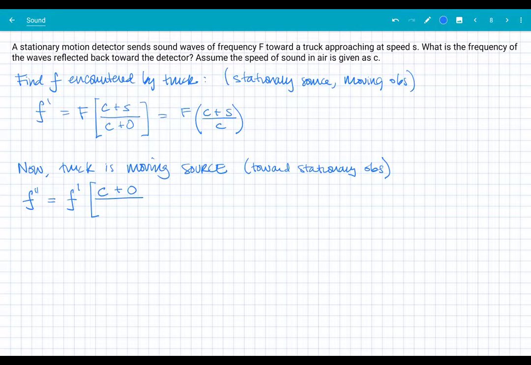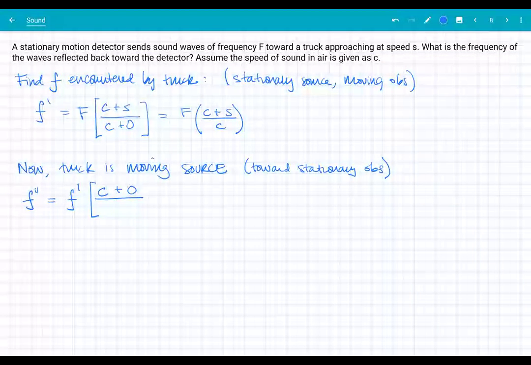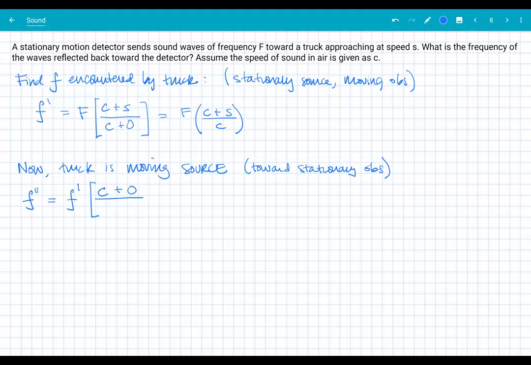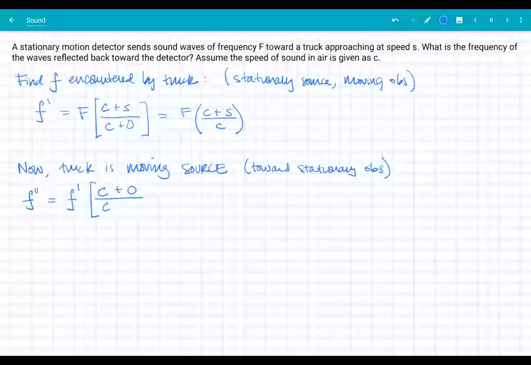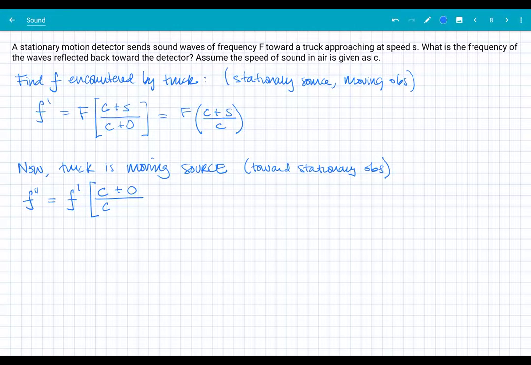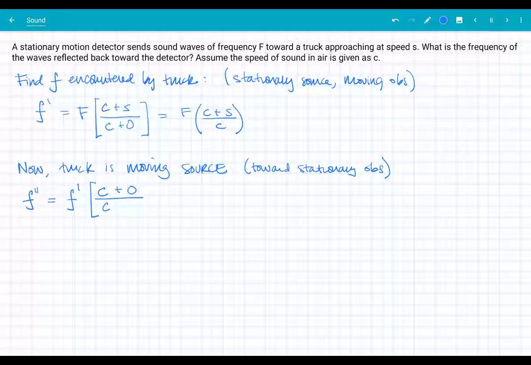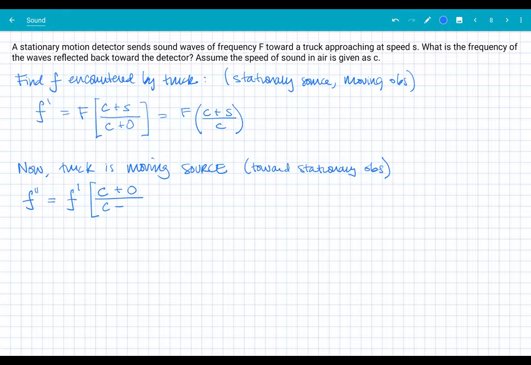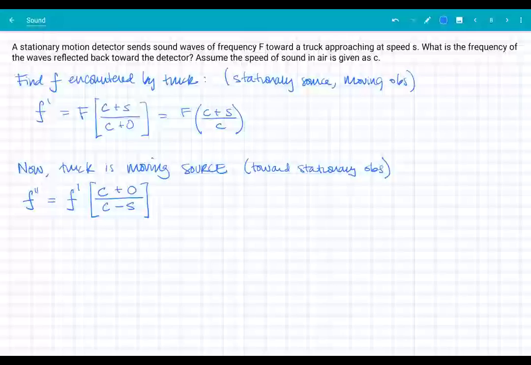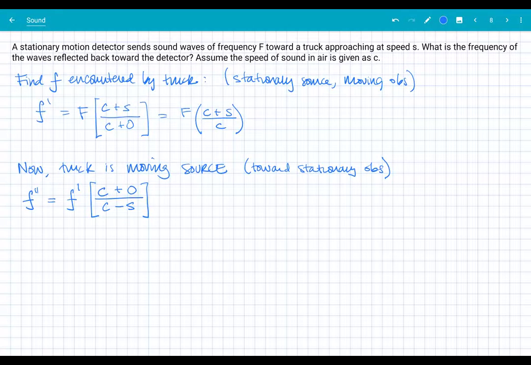So there's nothing to add in the numerator there. And what is the source doing? Well, the source is moving. It's moving toward the observer. So that's going to have the effect to increase the perceived frequency. Therefore, since I'm in the denominator, I subtract instead of add.